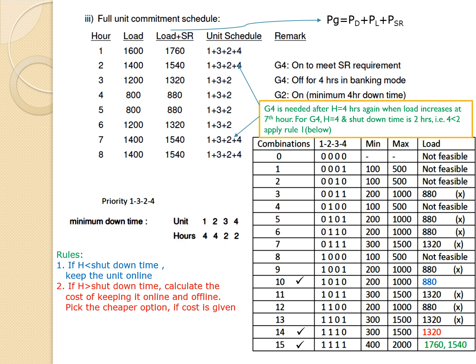Then the combination number 3, which has been written as 0011. So we have the minimum as 200, maximum as 1000.